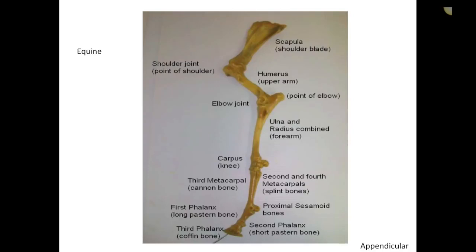And then we have the first phalanx, the second phalanx, and the third phalanx, as well as the proximal sesamoid bones, and then distally, which you can't really see on this image, are the distal sesamoid bones as well. Okay, lots of differences, and we'll talk about these a lot in the lab.